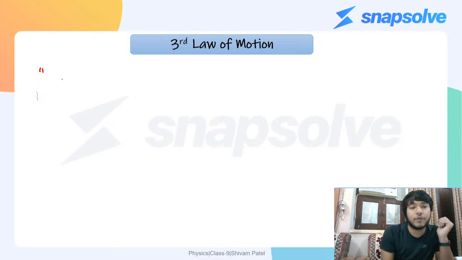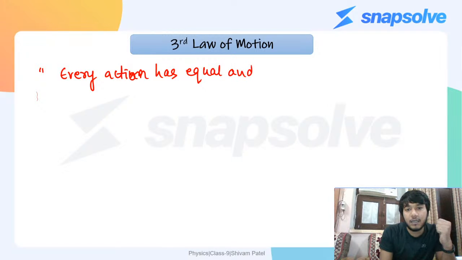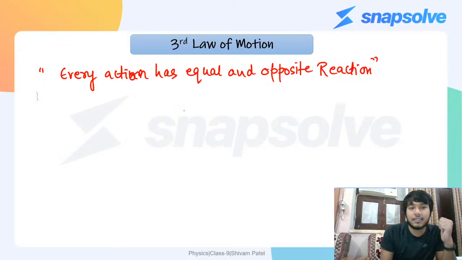According to the third law of motion, every action has an equal and opposite reaction. And what are the important points regarding this? You should note down that the action and reaction forces act on different bodies. So let me make a note of it. Action and reaction forces act on different bodies.